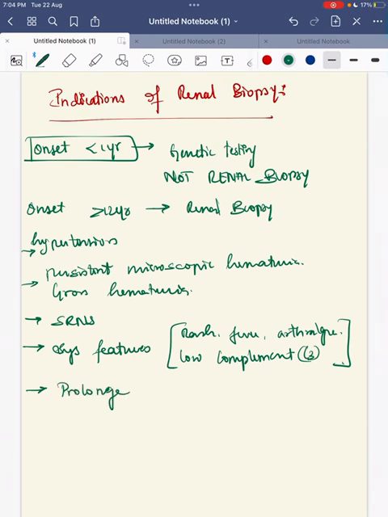Or when the child is on prolonged therapy with calcineurin inhibitors, and prior to use of calcineurin inhibitors. Okay, these are the indications for renal biopsy.